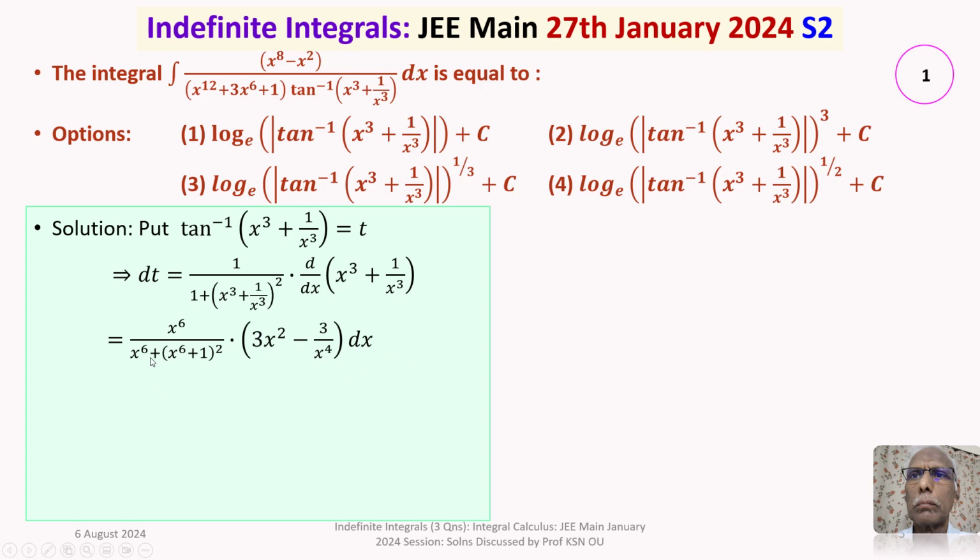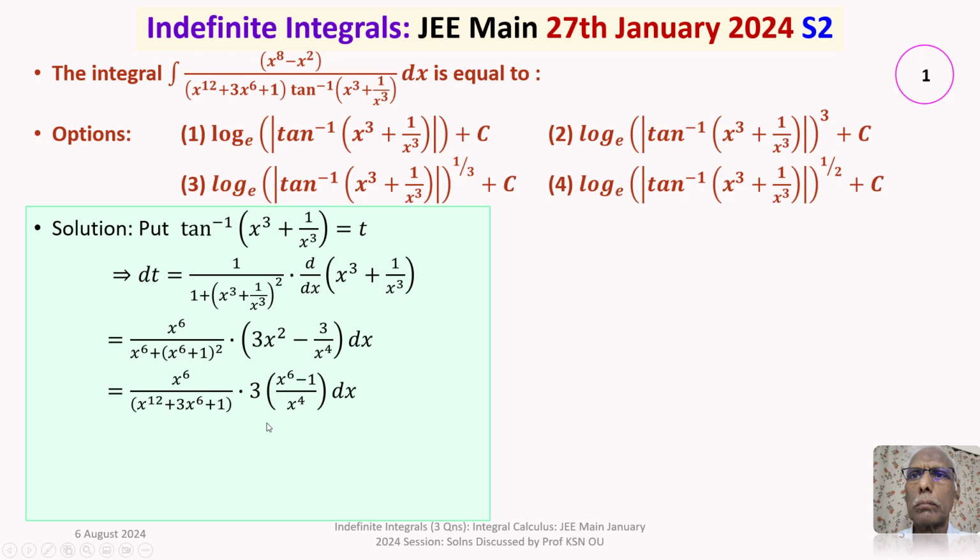Now further simplify. Now x power 6 plus (x power 6 plus 1) whole square is x power 12 plus 2x power 6, and this x power 6 will give you 3x power 6 plus 1. So that is x to the power of 6 by this, into 3 into, take the 3 common and take the LCM, that will be x to the power of 4 in the denominator, that will be x to the power of 4 into x square, x to the power of 6 minus 1 by x to the power of 4.